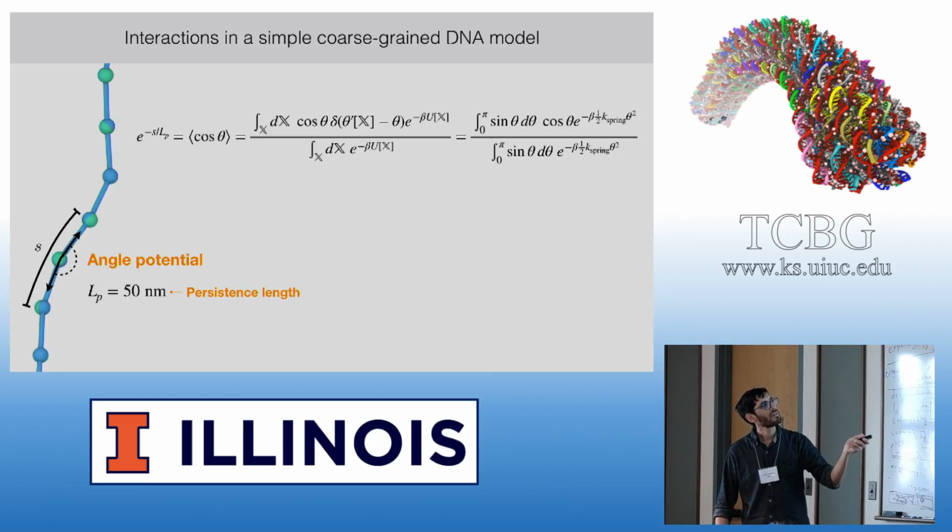The numerator has this cosine theta in it, and then its Boltzmann weight, and something that just says the theta that we measure based on integrating over all possible coordinates is the same theta that we're interested in here. And then in the denominator, you just integrate over all possible states.